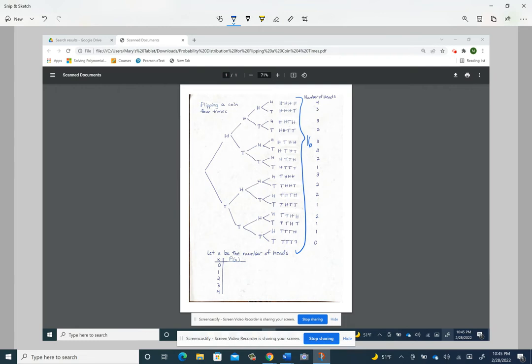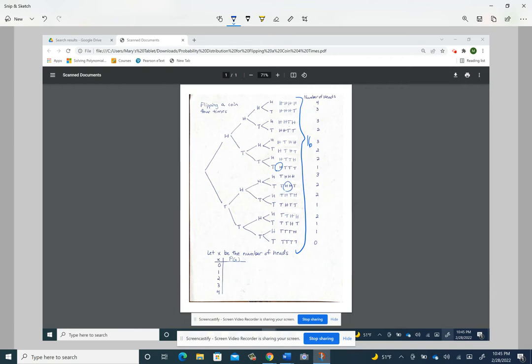All right, and then what we're going to consider is the number of heads. I just wrote a column where I wrote down how many heads we got in each of those different outcomes. So you see 4, or we might have 3 heads, or like here, there's only 1 head. Here, there's 2, and so on.